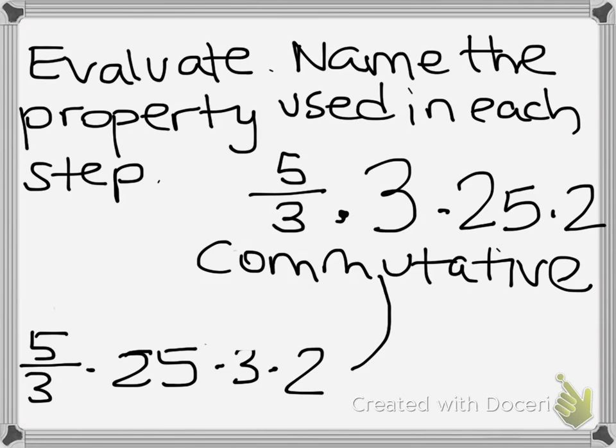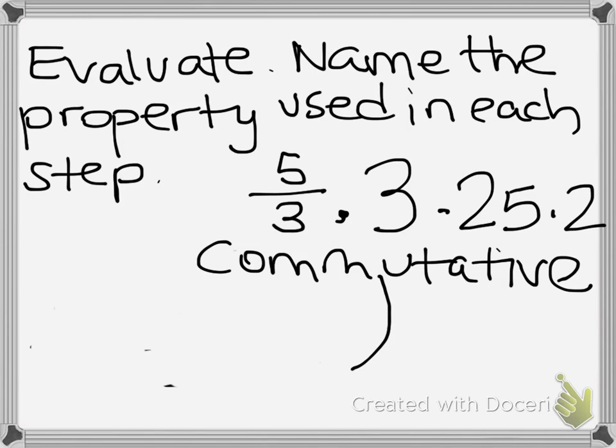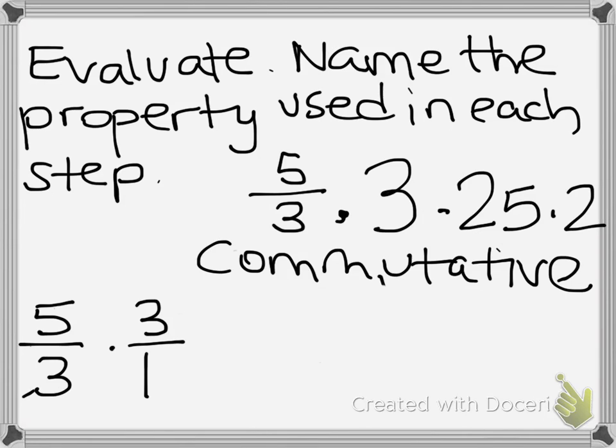And then I would do 5/3 times 3. Five-thirds times 3, you would make 3 as a fraction, cross simplify by crossing out the 3's, because 3 goes into 3 one time, so they both can cancel each other out.